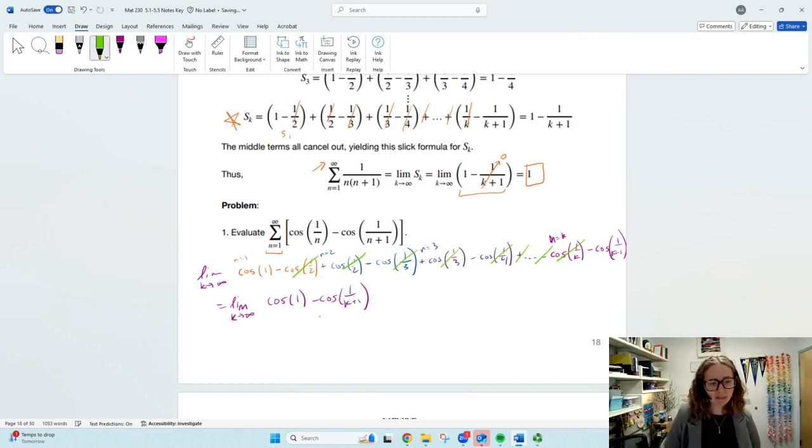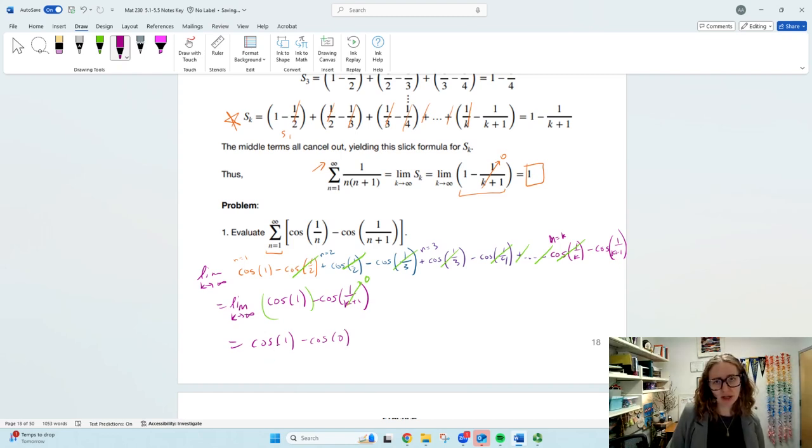The same kind of thing happens: as k approaches infinity, it doesn't impact this part, but it does send this to 1 over a huge number. So this inside part will approach 0. So I'll end up getting cosine of 1 minus cosine of 0.